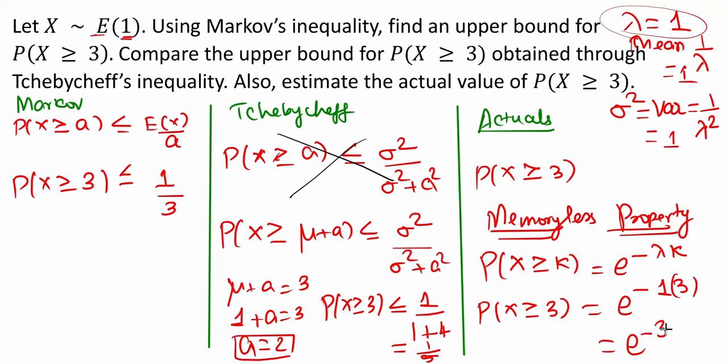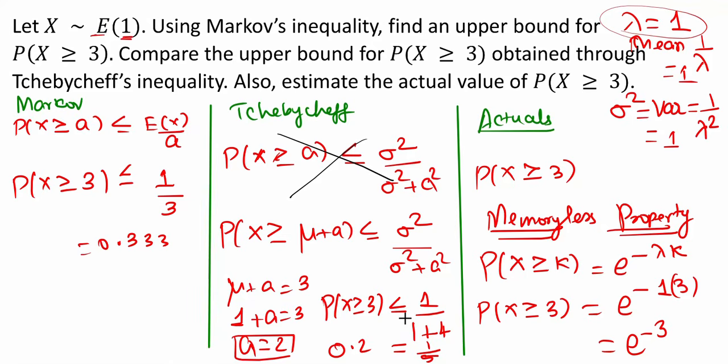When you work this out on your calculator, we see that 1 divided by 3 will be equal to 0.333. Your 1 divided by 5 will give me the value of, say, 0.2. And what is going to be e power minus 3?